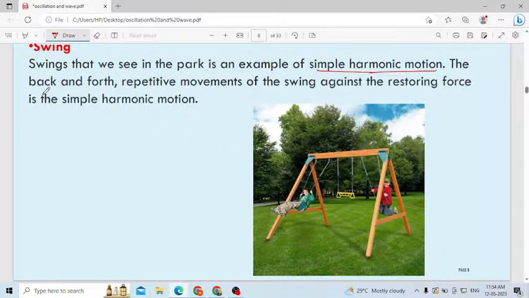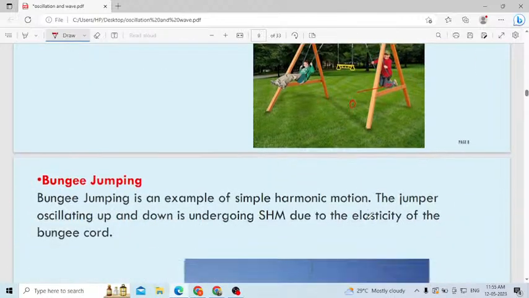The back and forth repetitive movement of the swing against the restoring force is simple harmonic motion. See, restoring force: this boy has already gone back from the mean position. He has to come back to his mean position or original position. Then he needs some force, no? That force is nothing but the restoring force. Therefore, the swing is one of the best examples of simple harmonic motion.